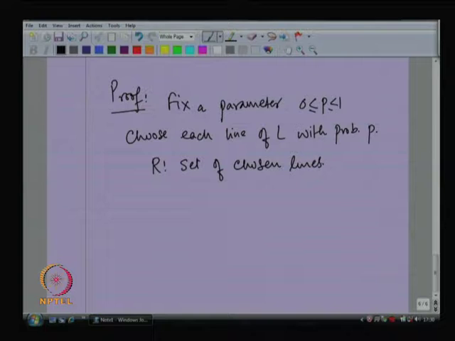Okay. So, what is the expected size of R? P times n, right? There is nothing deep there.